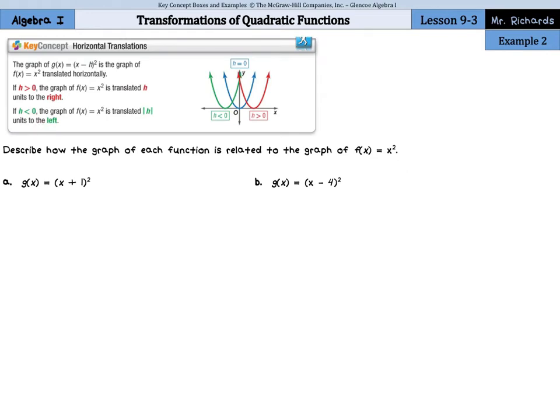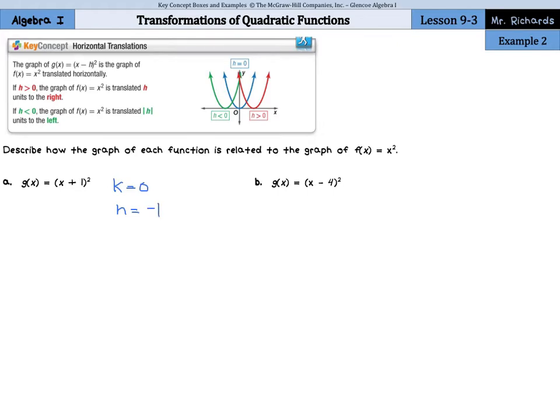So here we have g of x equals x plus 1 squared. Well, our k from our previous example would be equal to 0. Our h equals negative 1. And you're saying, wait a minute, that's a 1.